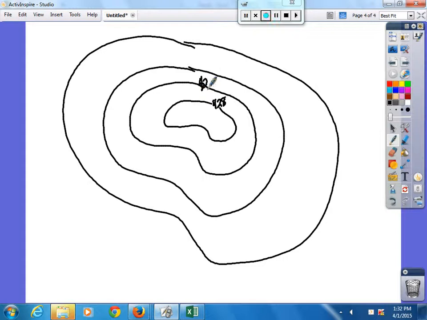So this is 426, and this is 424, and this is 422. What is this? Is it a valley or is it a hilltop? Because this is higher than this one. And if you want to know the linear footage between here and here, you can actually calculate it by interpolation. That's where interpolation is used in engineering. This is used with contour maps.